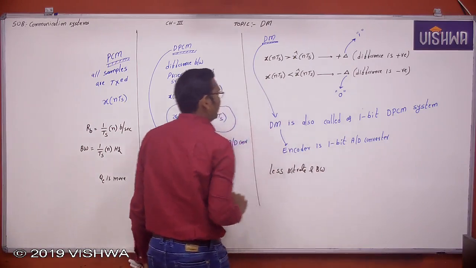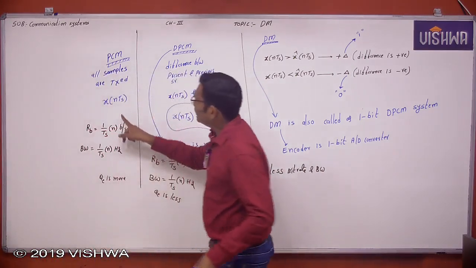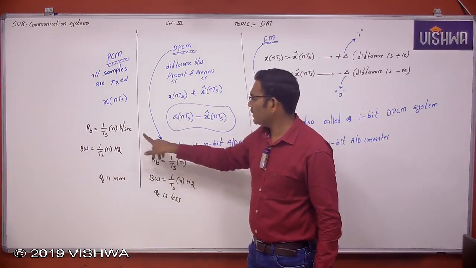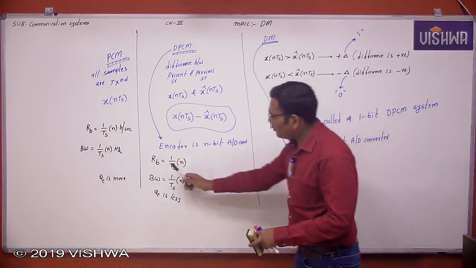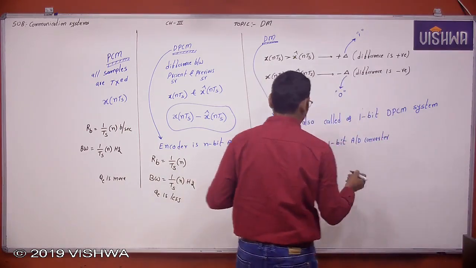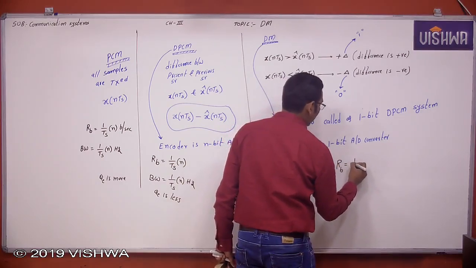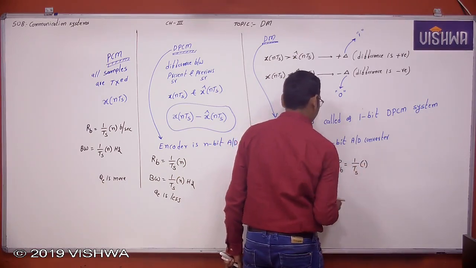So what happened to the bitrate and bandwidth? Now let us see here. Here the encoder is an n-bit A to D converter. Here also the encoder is an n-bit A to D converter. But here the encoder is a 1-bit A to D converter. Now what about the bitrate here? The bitrate RB, which is equal to 1 by Ts into n, is 1 by Ts.